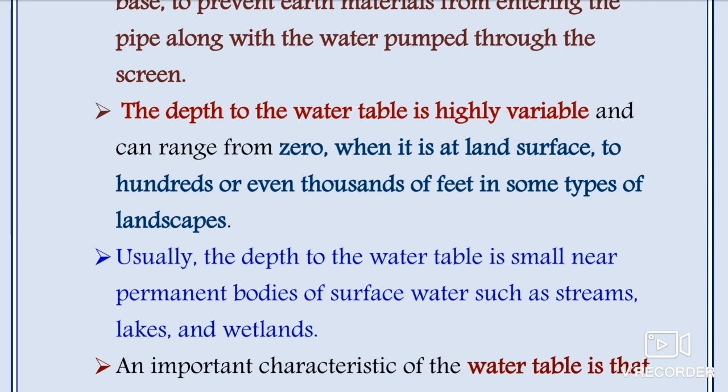Usually the depth to the water table is small near permanent bodies of surface water, such as streams, lakes, or wetlands. In these bodies the water table does not fluctuate much and remains approximately at a constant level.